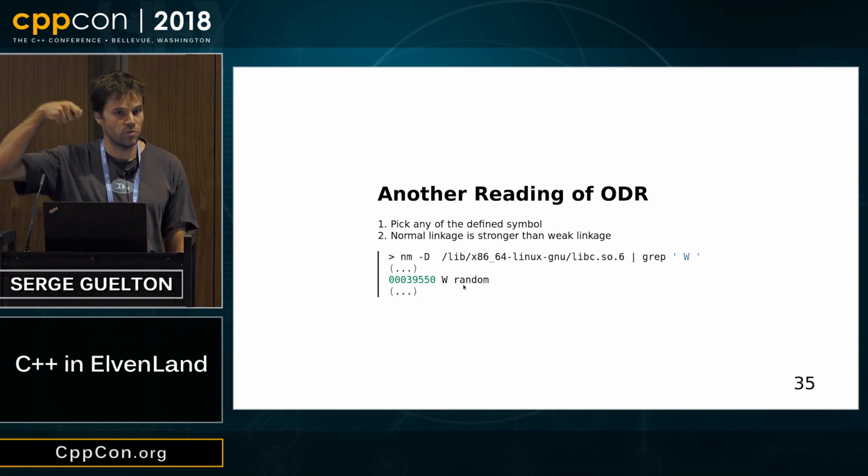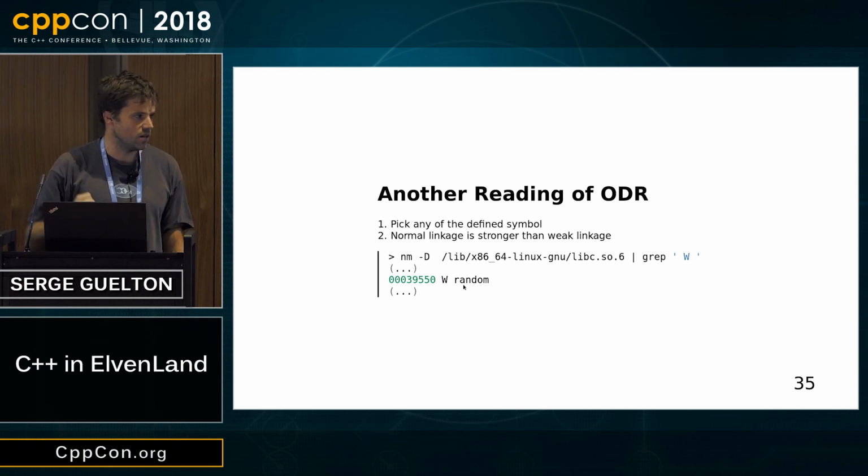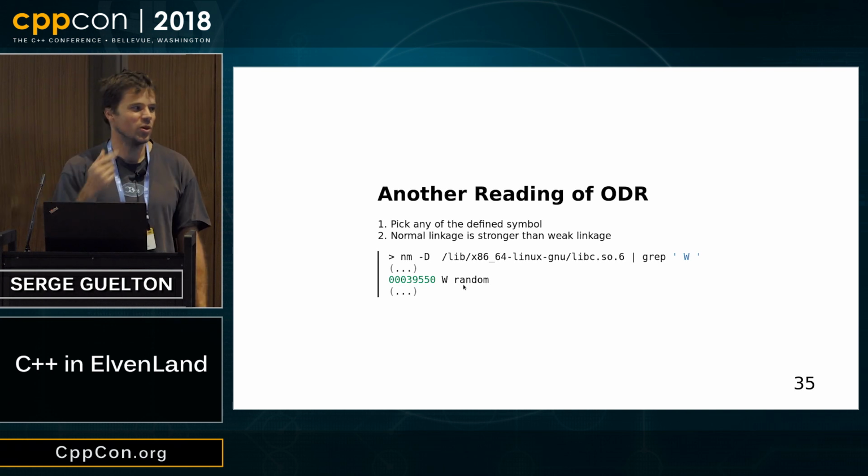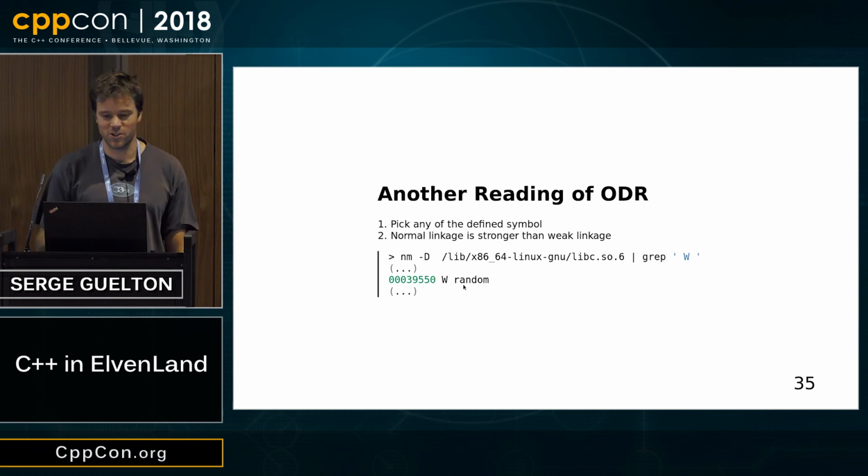Like you define a random function that always returns 6. You don't mark it as weak. You link with the libc, and your random number generator will be used instead of the one in the libc. Or you could put that into a shared library. Anyone linking with your shared library will be using your random version without any conflict because it's weak.